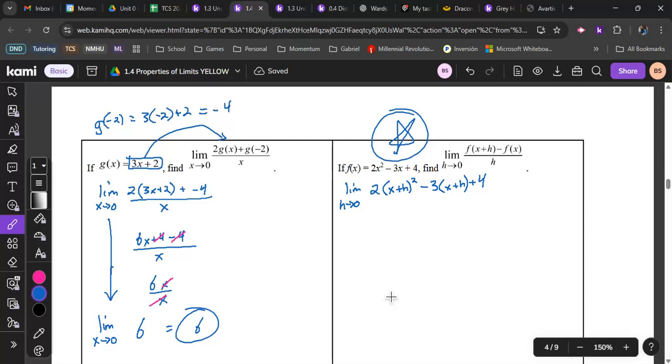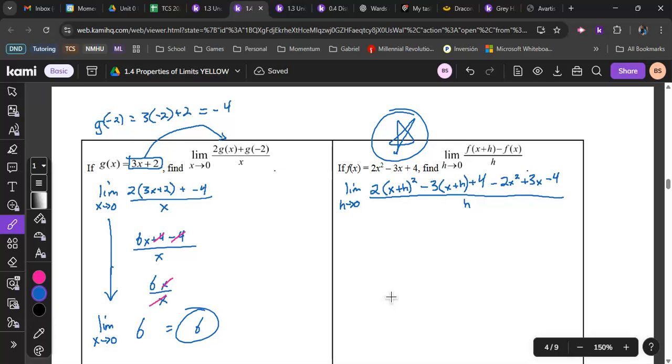Because composition of functions. Then I'm going to subtract f of x. So I'm going to subtract 2x squared minus 3x plus 4, because if I'm subtracting, I change all the signs. Then I put this entire thing over h.